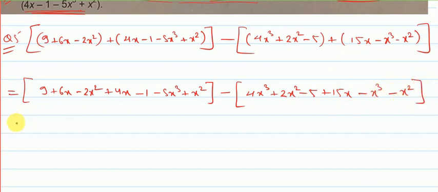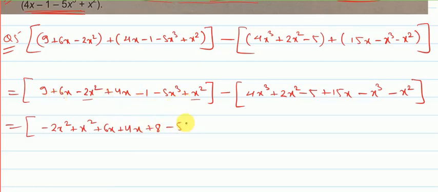Now within this bracket put the like terms together. So here x square and here x square, you can write minus 2x square plus x square. This x and this x you can put like this. Here plus 9 minus 1, so 9 minus 1 you get plus 8.